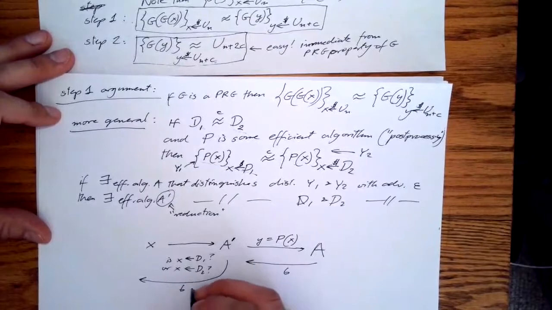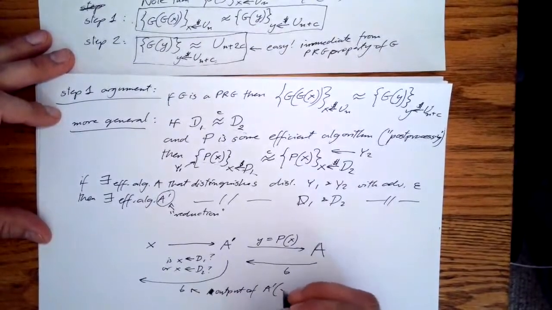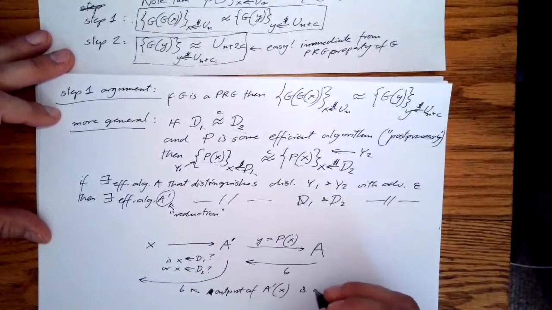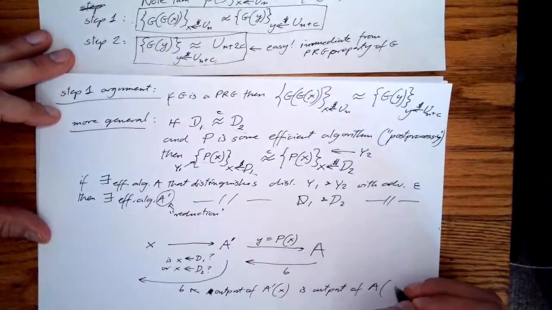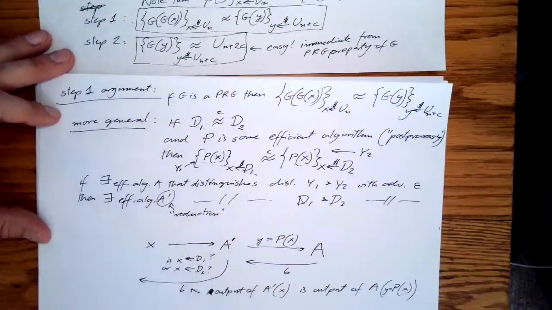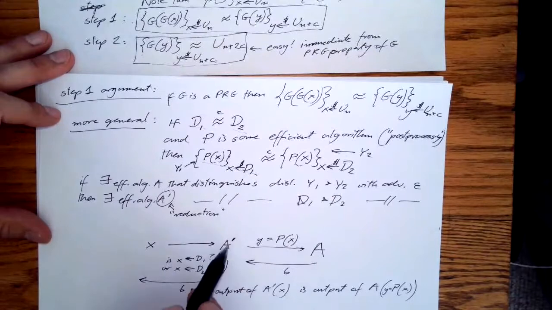In other words, the output of A prime on X is the output of A on string Y, which is P of X. So whatever A's judgment is about where this distribution came from, A prime just copies.